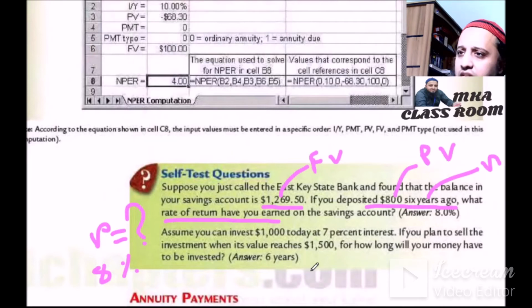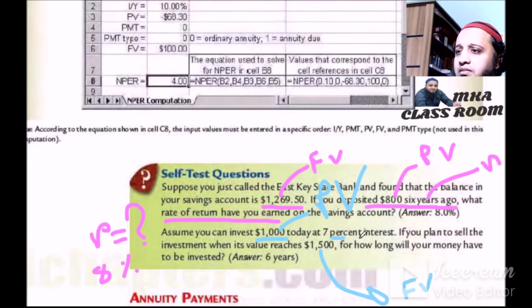That is another very easy problem. You can solve it in a very easy way. Here you have the present value. This present value will grow in future to 1500, that is the future value.